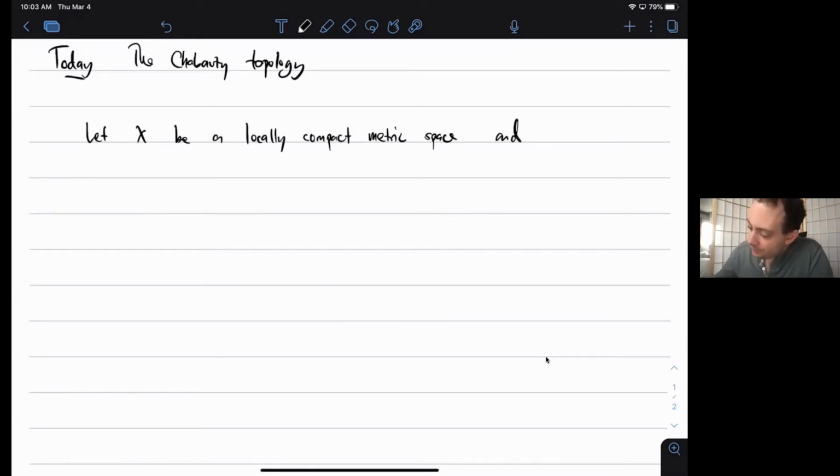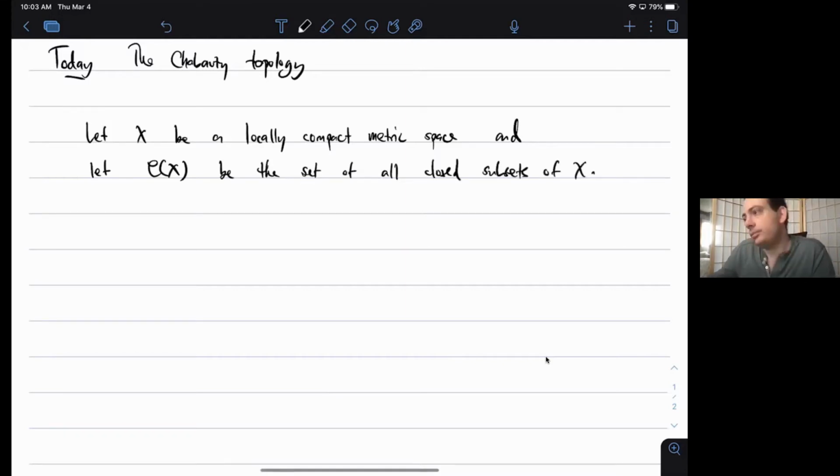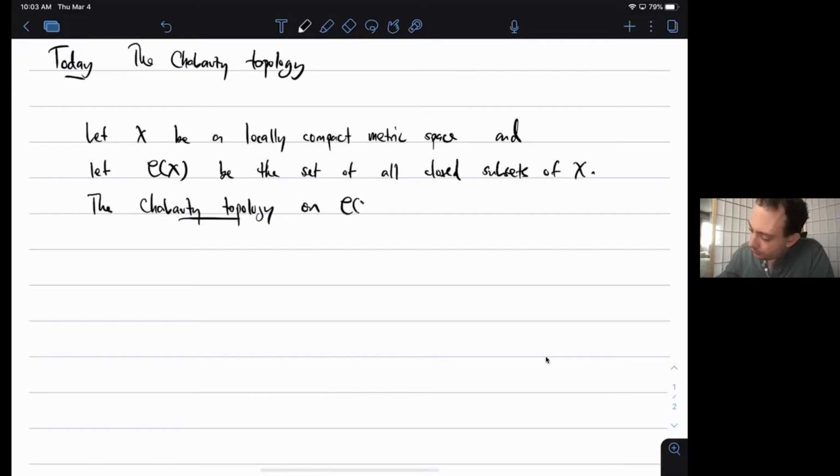Okay, and then let C of X be the set of all closed subsets. Okay, and then the Chabauty topology on this set of closed subsets is the topology that's generated by the following open sets.